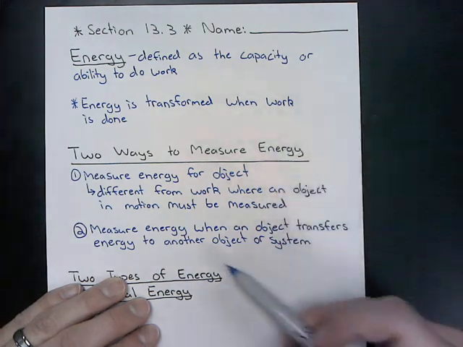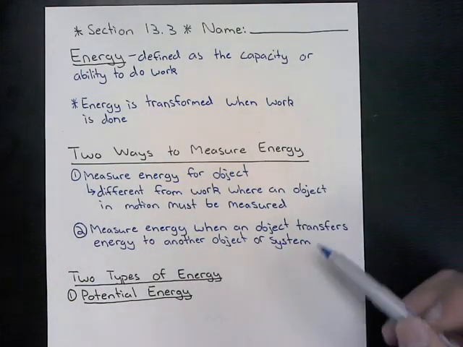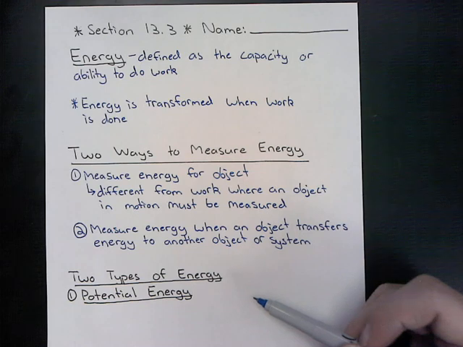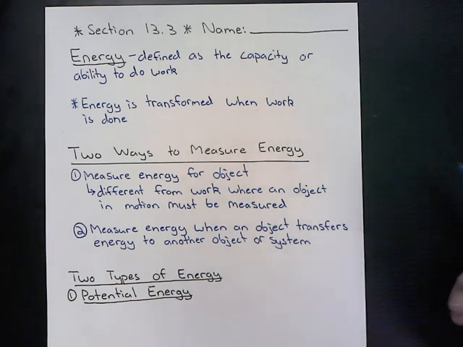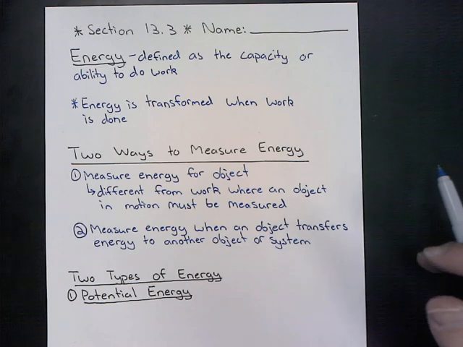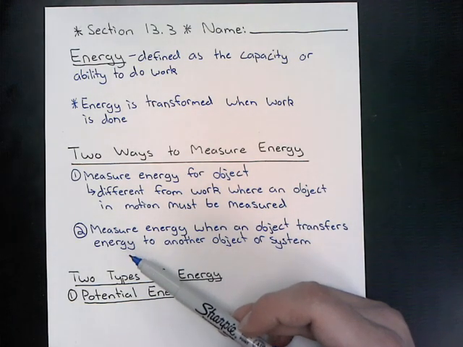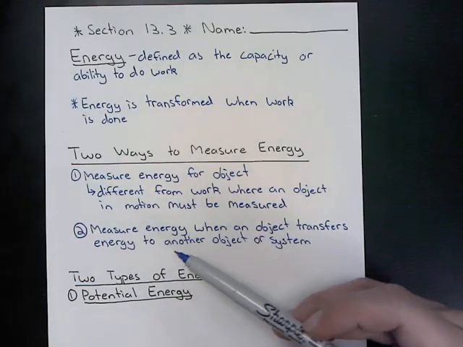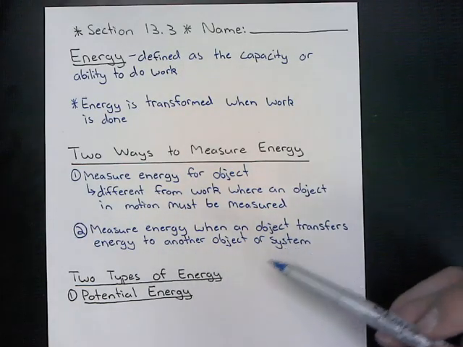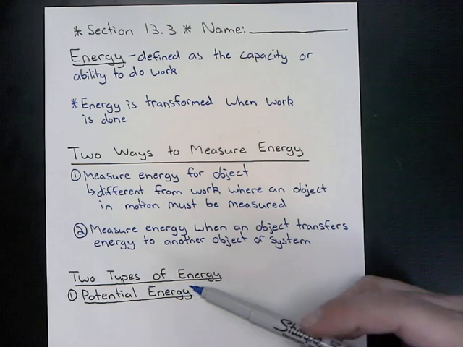What we call here when energy is transferred from one object to another is energy in motion. The way we measure this second type of energy is we measure how much work is done on a receiving object.